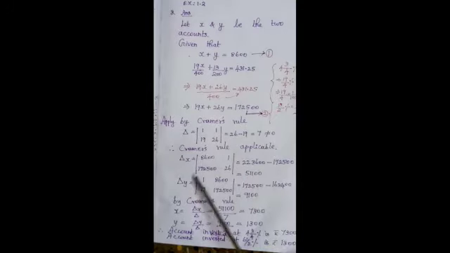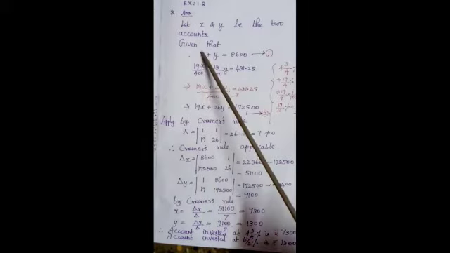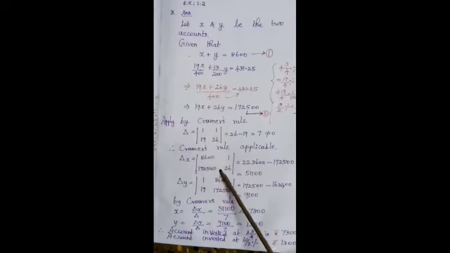And delta y is equal to the determinant of, write the x coefficients 1 and 19, and replace the y coefficients with the constants 8600 and 172500, which is equal to 172500 minus 163400. So this is equal to 9100.